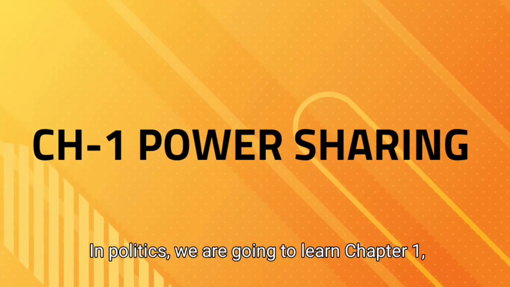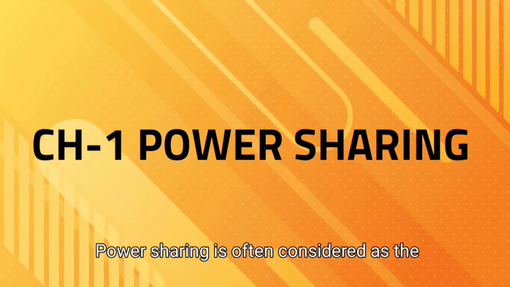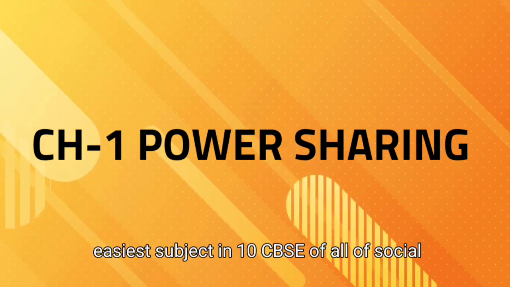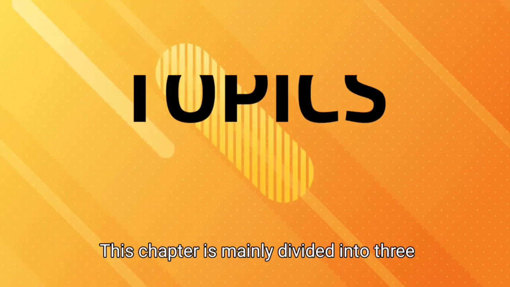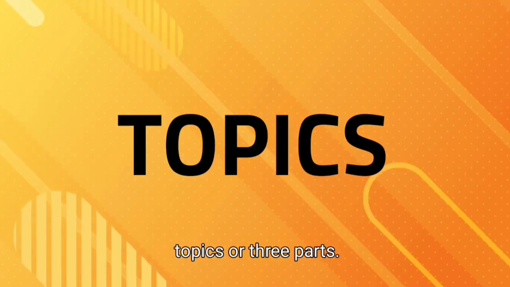We are going to learn chapter 1, power sharing. Power sharing is often considered the easiest subject in 10th CBSE of all of social science. So let's start. This chapter is mainly divided into 3 parts.